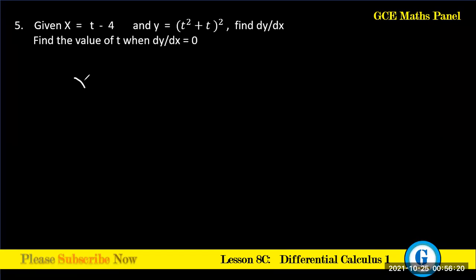So let me call this one x. dx/dt will be equal to 1. And dy/dt will be equal to 2 times (t squared plus t) times the derivative of the core, times 2t plus 1.